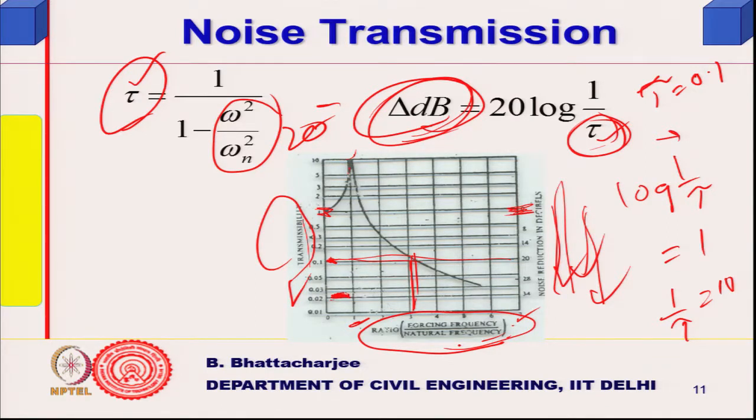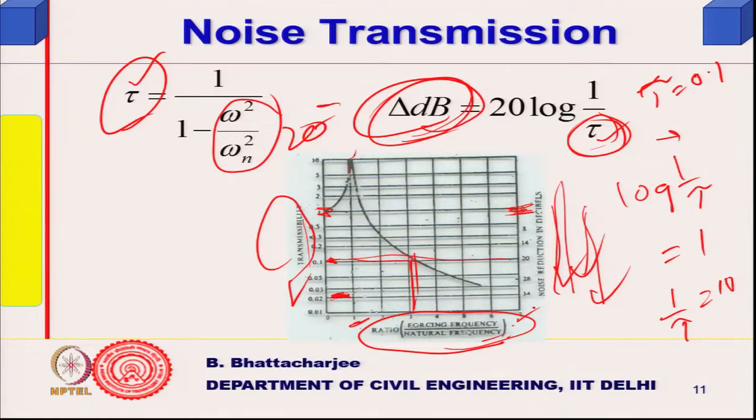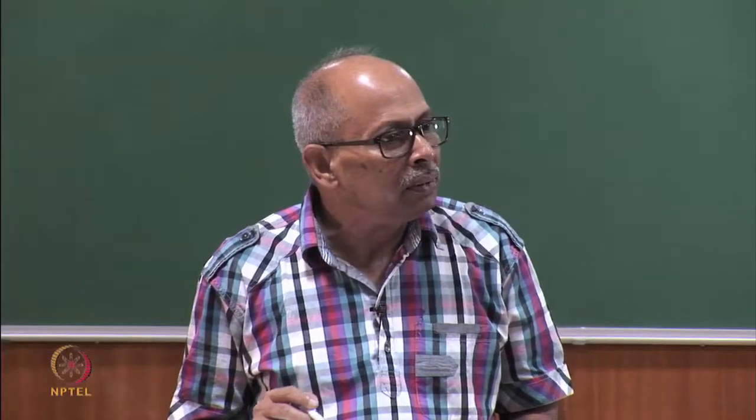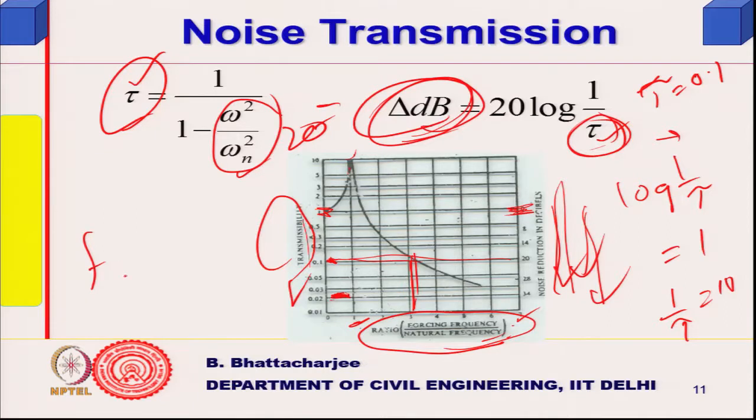But these days nobody looks at the curve, because you do it in Excel calculation or somewhere else. So, the ratio of forcing frequency to natural frequency should be 3. Choose the natural frequency of the system F n accordingly. Then for this machine load, F n is equal to 15.76 under root 1 by delta.